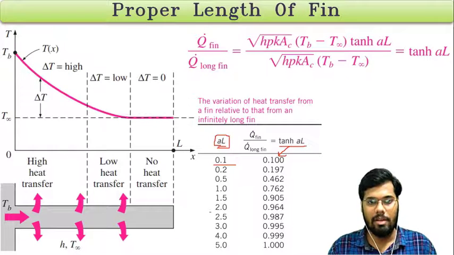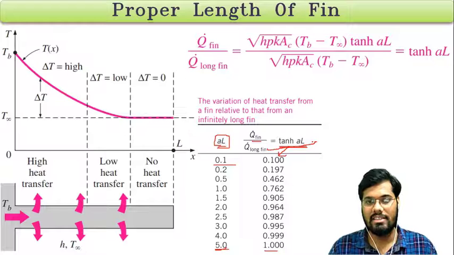So from this table we can see that when the value of AL becomes 5, the value of tanh(AL) becomes 1. So at AL equal to 5, our fin with finite length will act as a long fin.